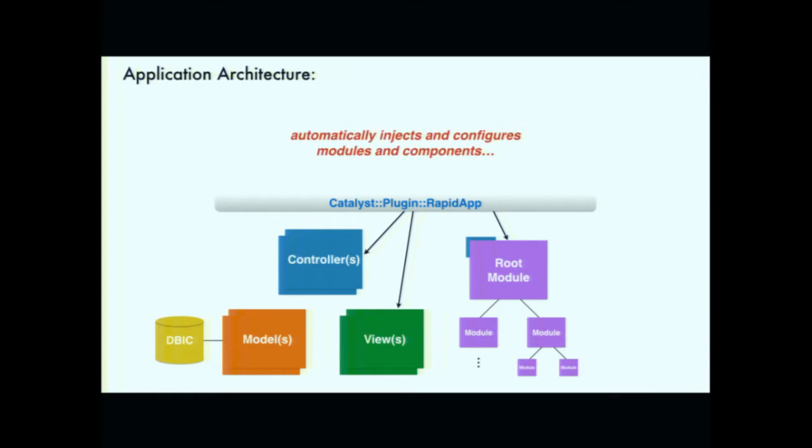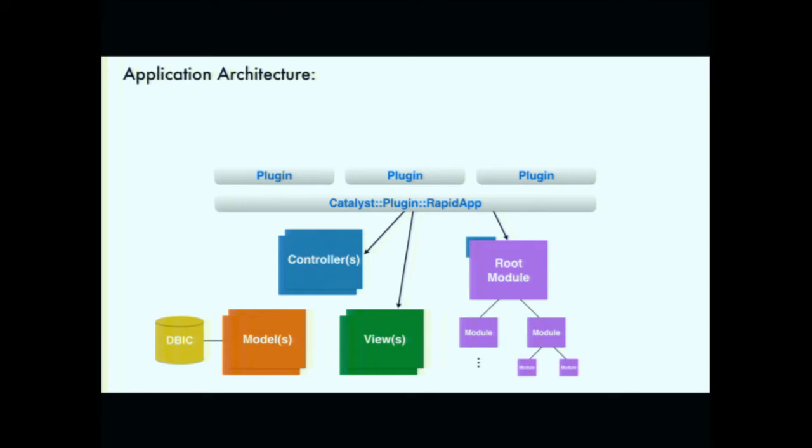And the way this is accessed is through layers of plugins. These layers of plugins that you can load provide high-level access to different scenarios. They can both automatically inject and configure modules and components, but also inject and configure each other.